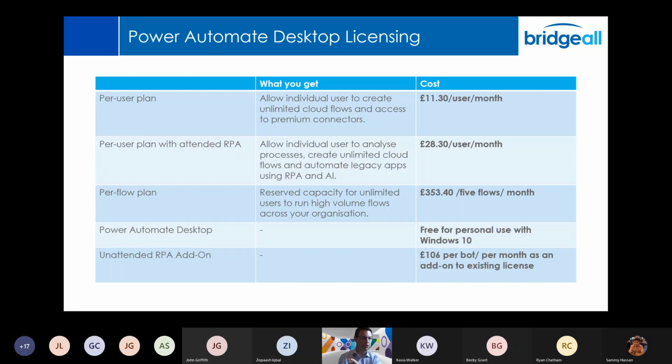So that allows one individual user to make as many flows as possible and make use of the premium connectors as well. And then you can layer on top of that an attended RPA plan. So you've got the ability for a user to create unlimited cloud flows and also automate any legacy applications by using that RPA, and also using a bit of AI as well.